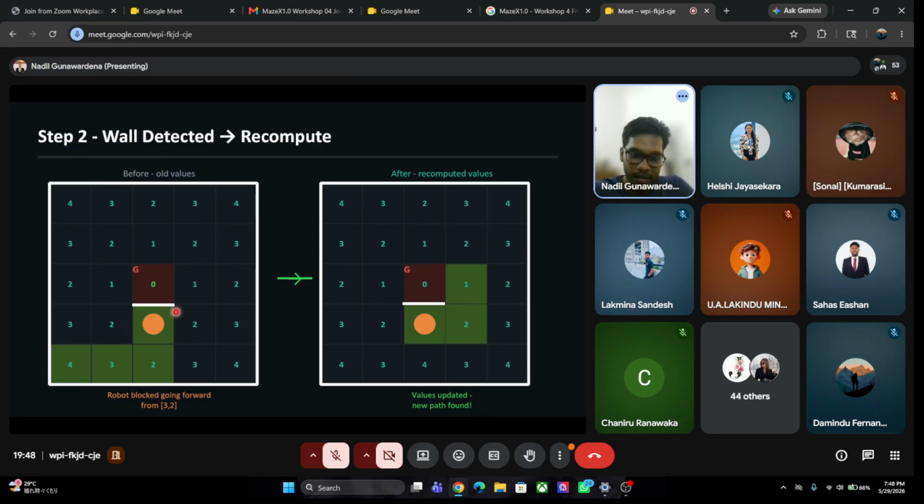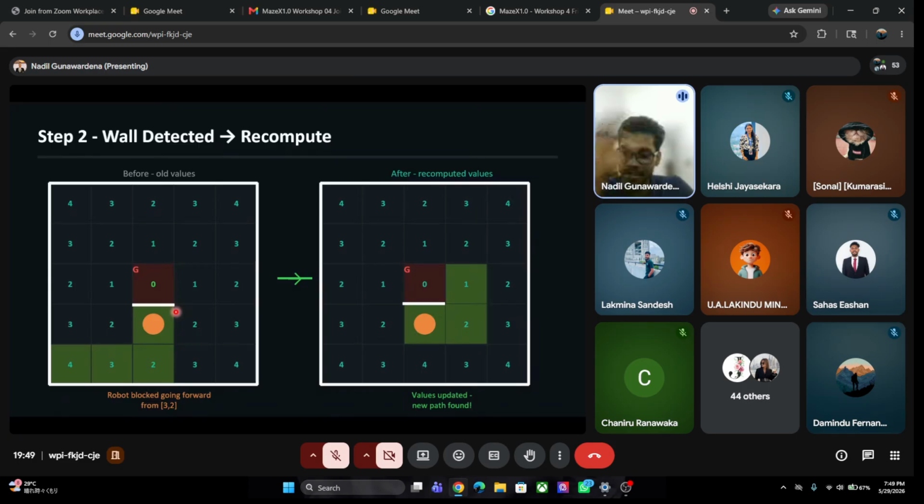if the wall blocks its path from going to the goal, then and only then it applies the flood fill algorithm again.